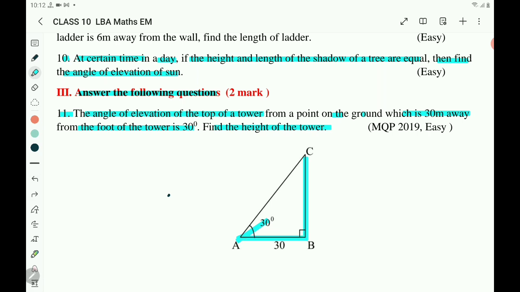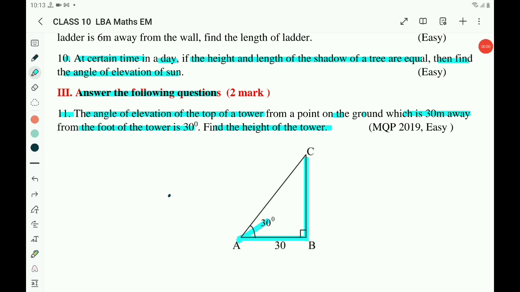Which trigonometric ratio is to be used here? That is the ratio with opposite side and adjacent side. The trigonometric ratio with opposite side by adjacent side is tan theta. So you take tan 30 degree, then you write the name of the right angle triangle.